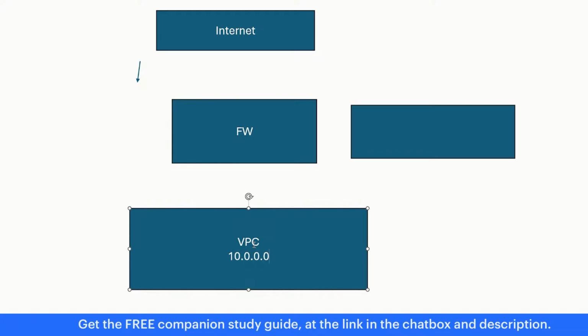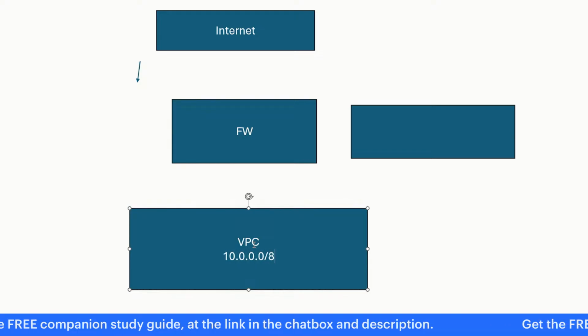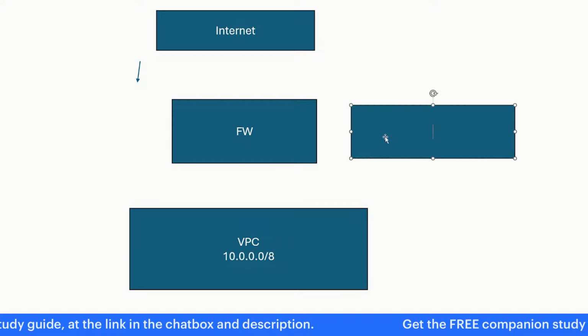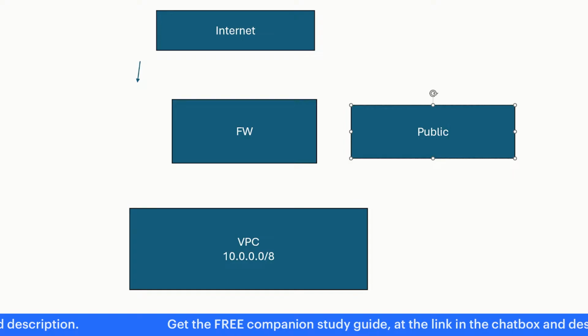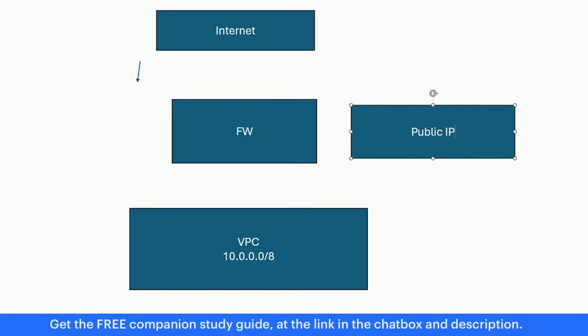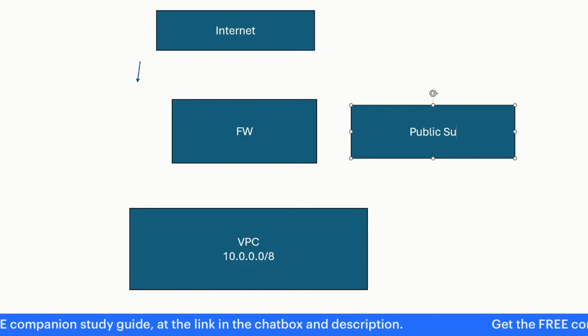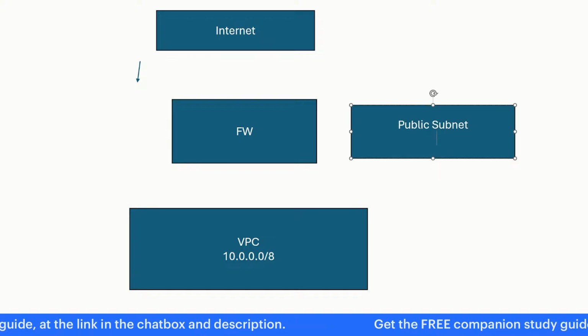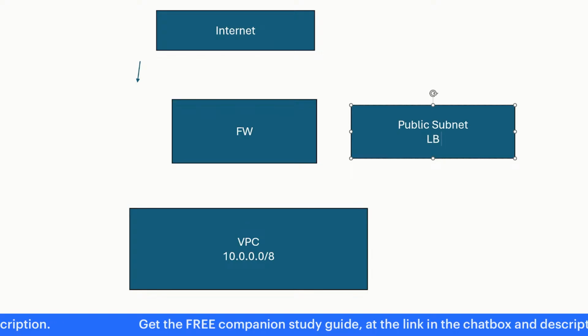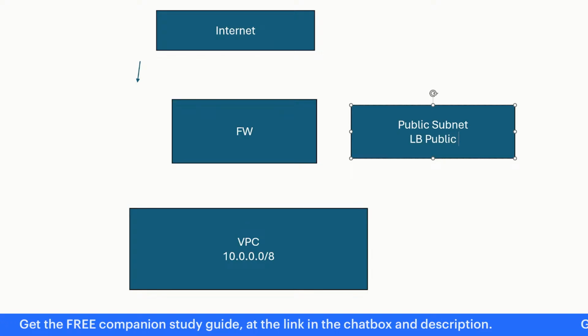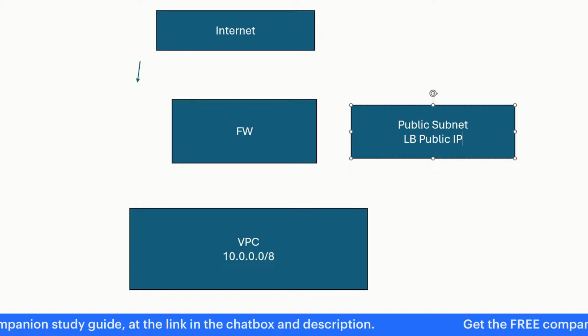So let's say our organization is using the 10.0.0.0/8 address space internally. This is a public subnet, so I'm just going to call it public IP address, so I don't use anybody's real address. Public subnet. And on here, let's say we have the load balancer of the public website, load balancer public IP address.